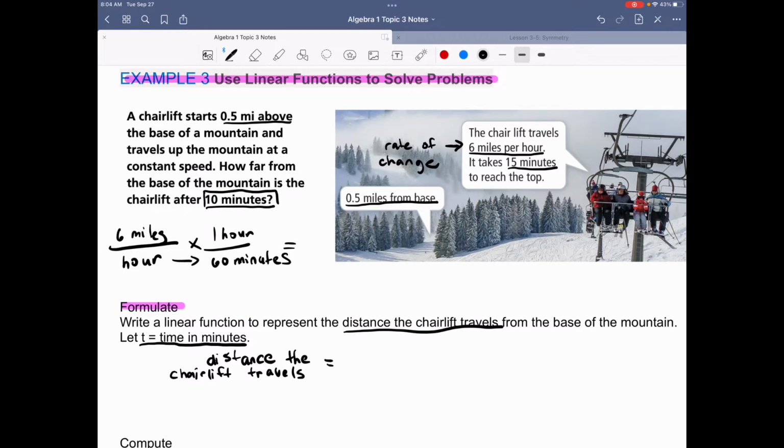Now, if we multiply across, we have 6 miles.